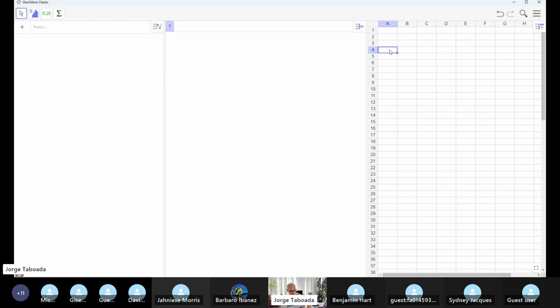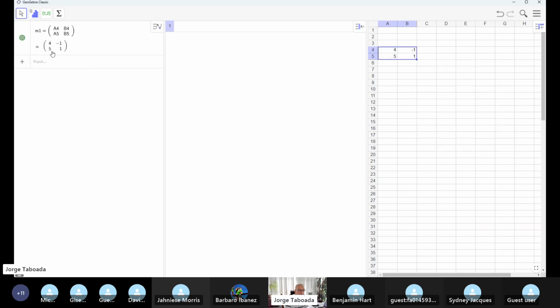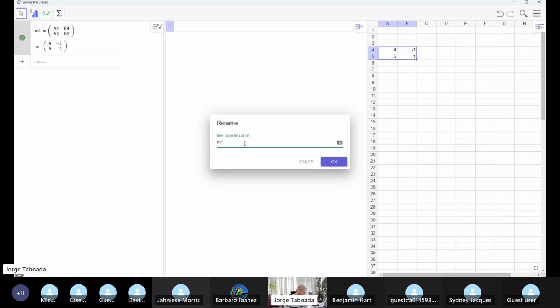It's 4, negative 1, 4, negative 1, 5, and 1. Now I select, I convert to the matrix object. Do you want to rename or not? Let's rename. This is not mandatory, you know. It's capital A.